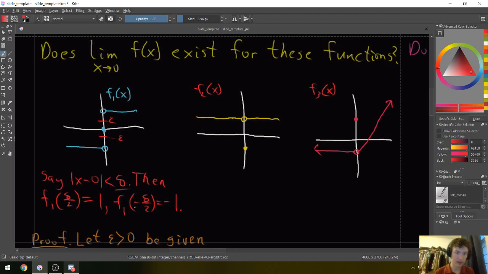We can't make delta small enough because no matter what delta we pick, we're going to get some 1s and some minus 1s. And if epsilon is smaller than 1, these will not lie within the output tolerance, right? You can't get these to lie within some number smaller than 1 of 0. So in this case we say no, the limit does not exist. You can't win the game. No matter what delta you pick, you can't guarantee.